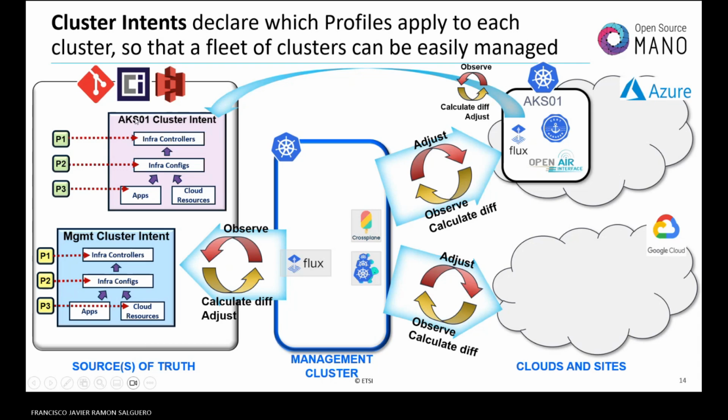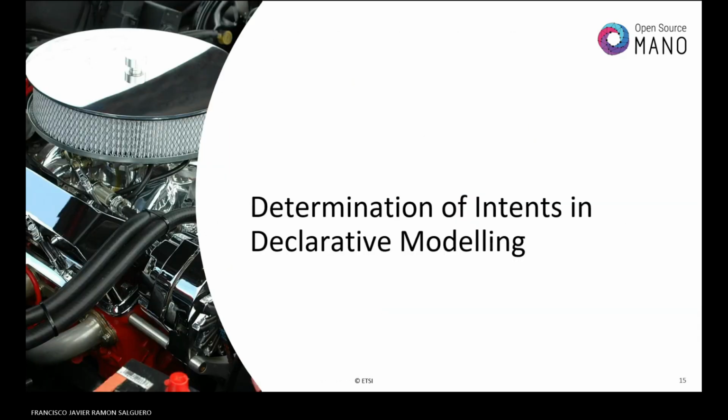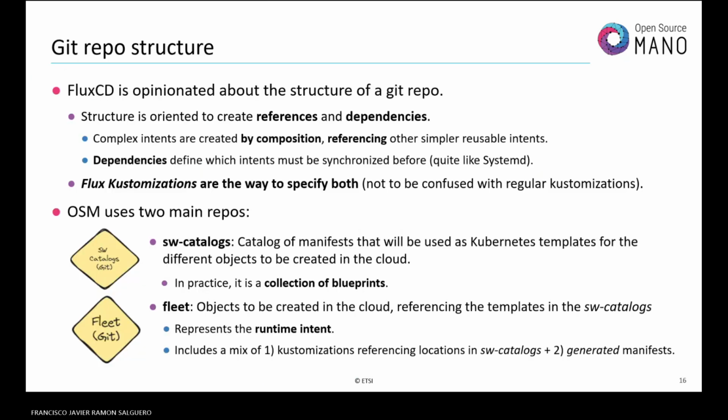We will see that in motion in a minute, but just to tell you that the management cluster is there to maintain everything up and running, but not everything is going through the management cluster. And now that we've seen all that way of reusing information over and over, the point is how we create the actual instance of an application, or we create a new element in a target cloud, right?